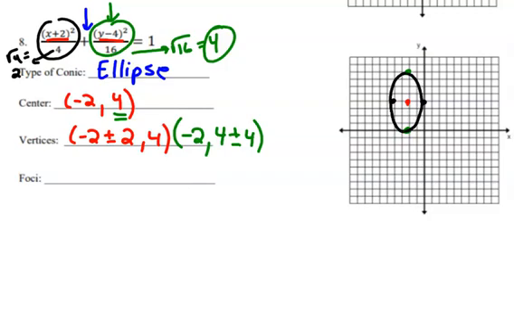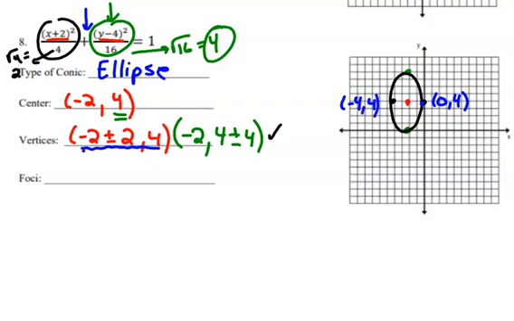Now, if I prefer, instead of writing it like this, I could write them as 4 separate vertices. This point here is 0, 4. If I look here, negative 2 plus 2 is 0, comma 4. I could write this one here as left 4, up 4, which is my second one.